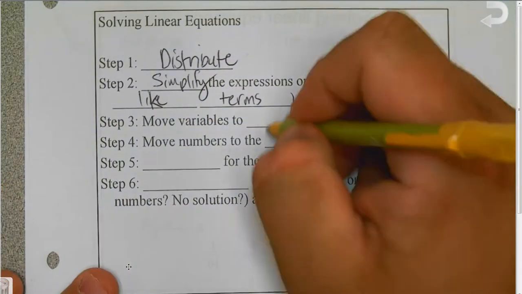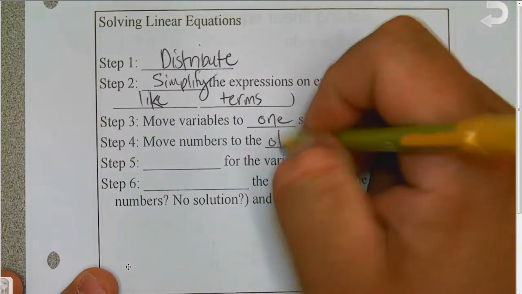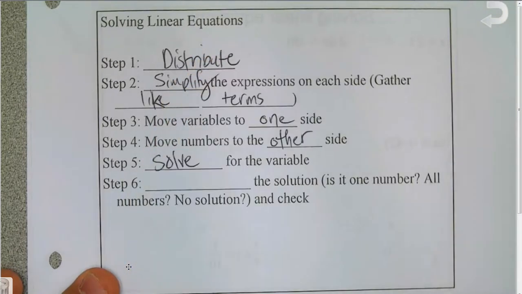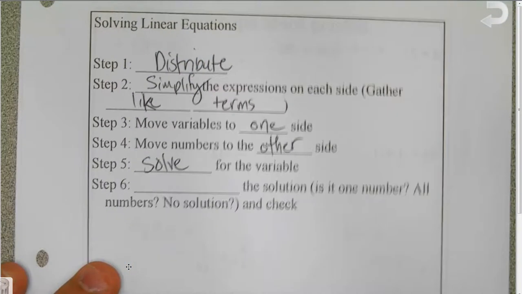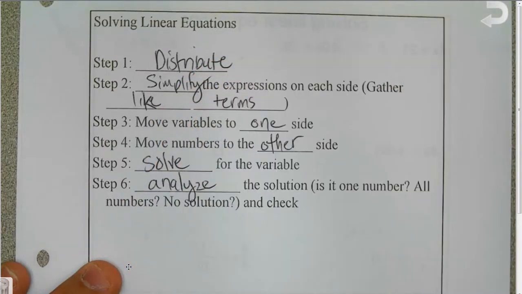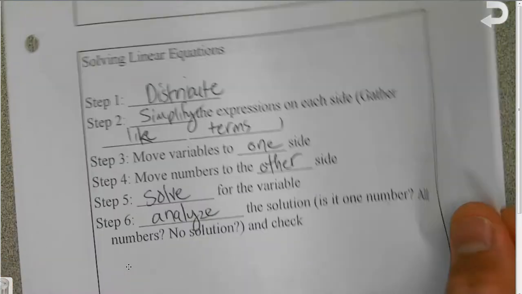You move variables to one side, and you move numbers to the other side, and then you solve for the variable. Important then is to analyze the solution. 95% of the time, it's just going to be one number. But there are some exceptions, and those are called all real numbers or no solution, and we'll go over those in a little bit.